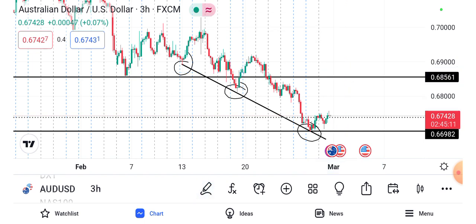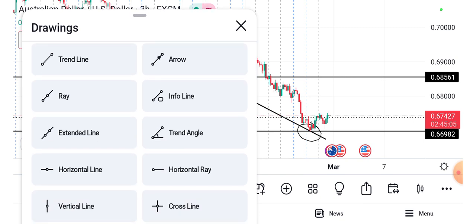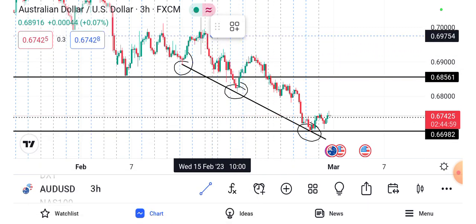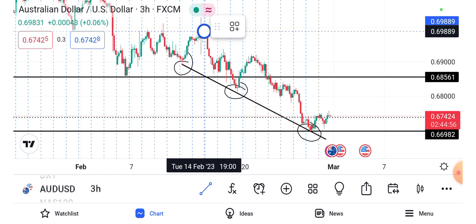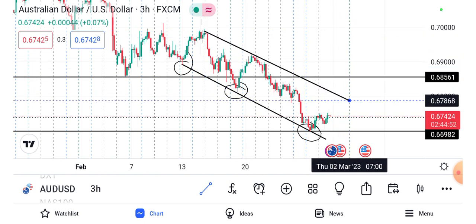And let me just draw the higher lows and the lower highs, since we are on a downtrend on this piece right here, right? So I'm gonna just do this. Yes, guys.